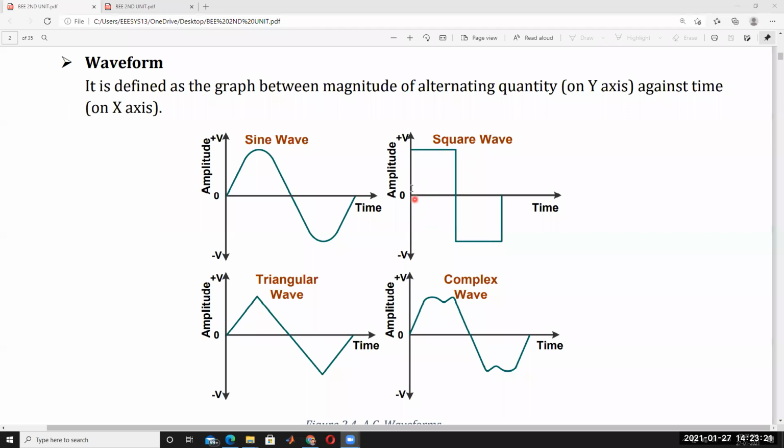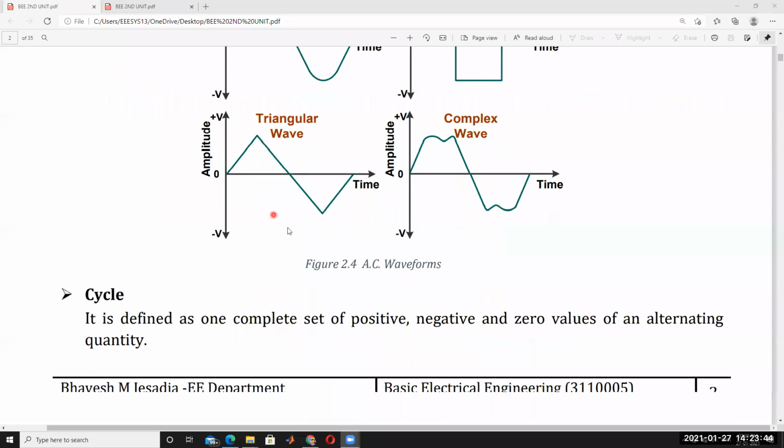Here also is an alternating quantity, but a square wave: suddenly increasing and constant, then suddenly decreasing and constant. And the triangular one is slowly increasing and slowly decreasing. So these are the waveforms.